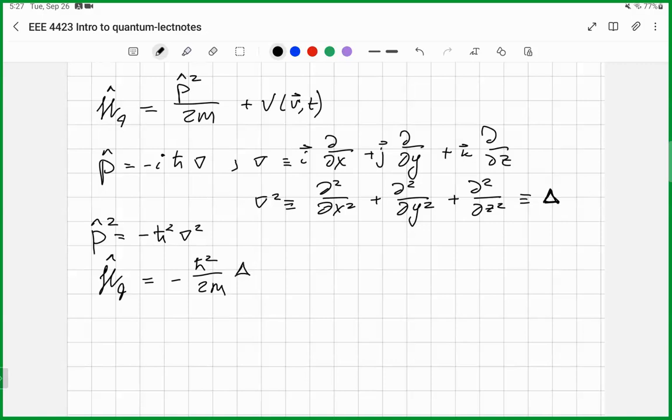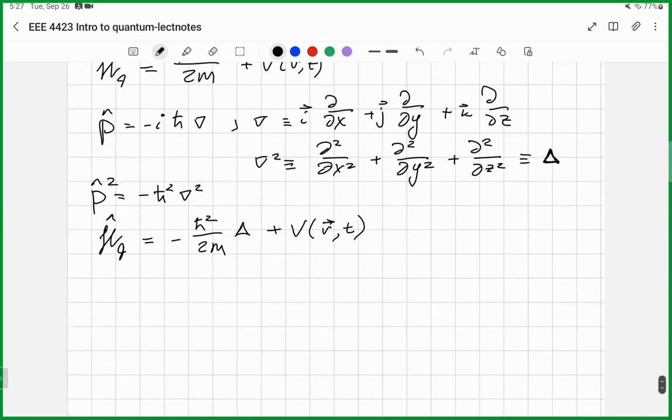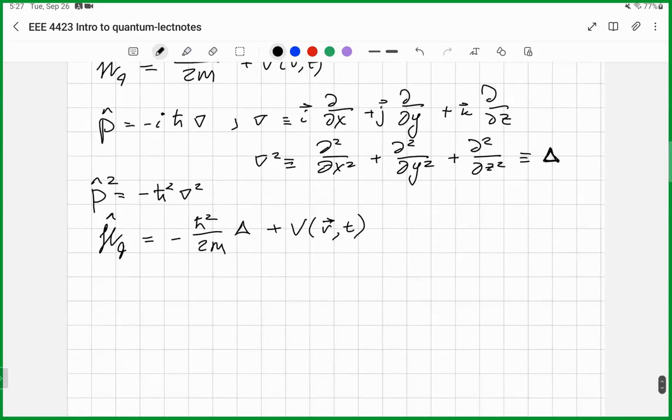Laplacian plus v, and can depend on r and t. So this is the Hamiltonian for a particle in a field v.